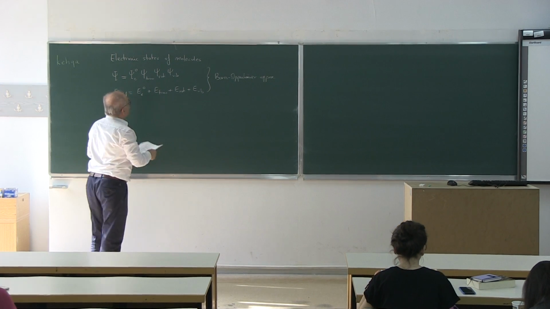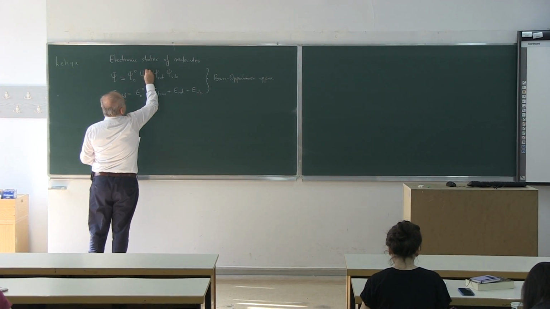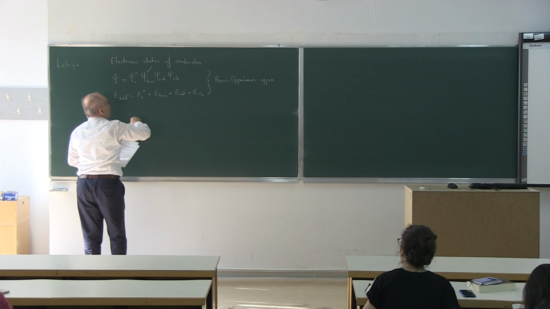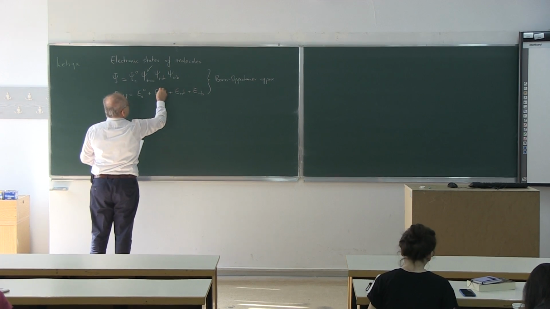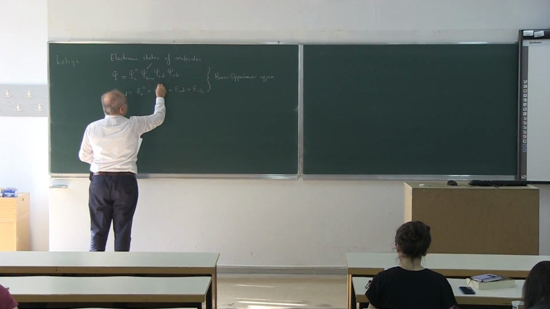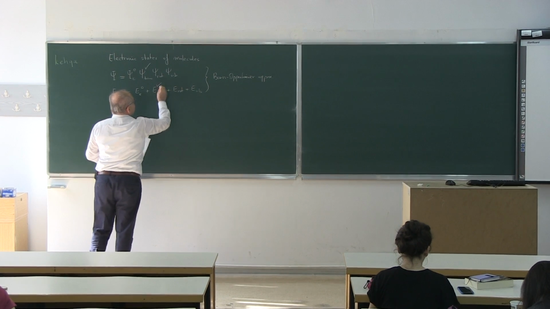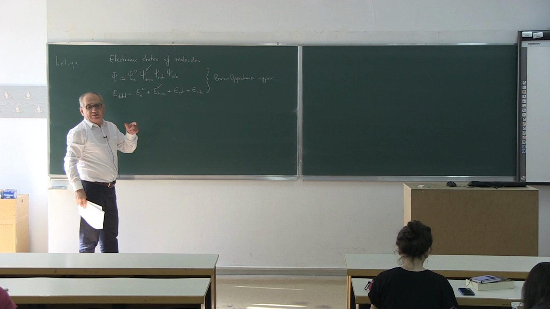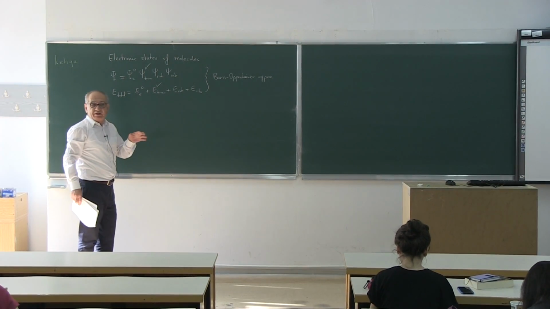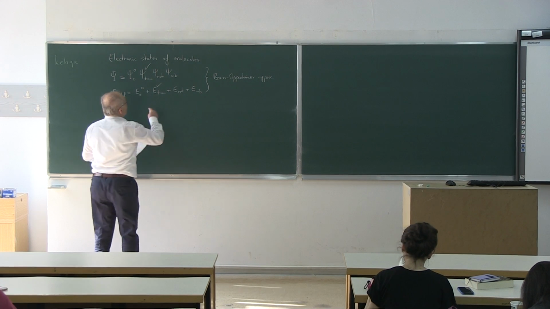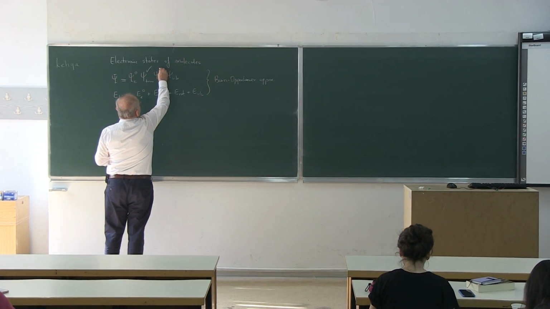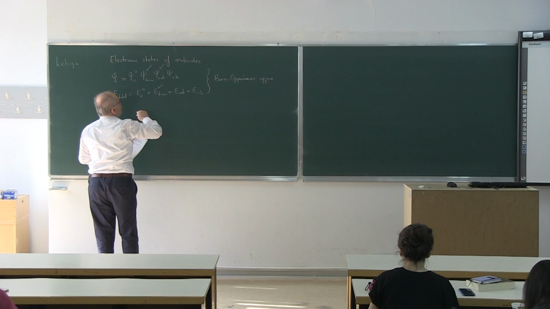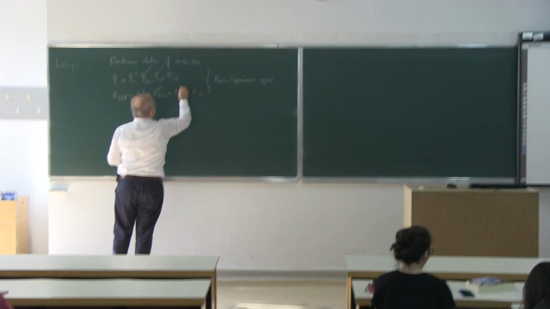We have already discussed the translational motion, the state function, and the corresponding energies. These are the particle in a box problem, the particle in a three-dimensional box problem. We have also discussed the rotation of a diatomic molecule and the energies.